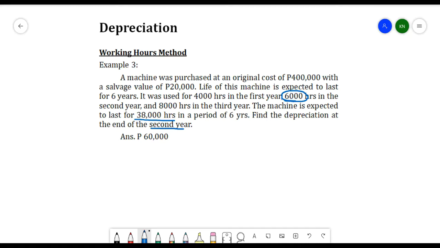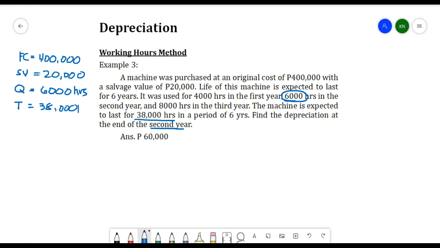And again, its FC is equivalent to 400,000 pesos. Our SV is 20,000 pesos. And our Q is 6,000 hours. Our T is 38,000 hours. So now we are looking for the DM at the second year.